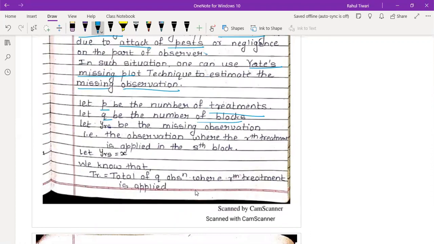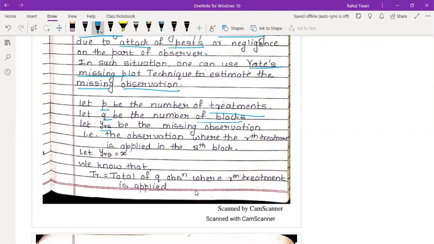Y_RS will be the missing observation, that is, the observation where the Rth treatment is applied in the Sth block, which we call Y_RS equal to X. We know that T_R dot will be the total of the Q observations where the Rth treatment is applied.